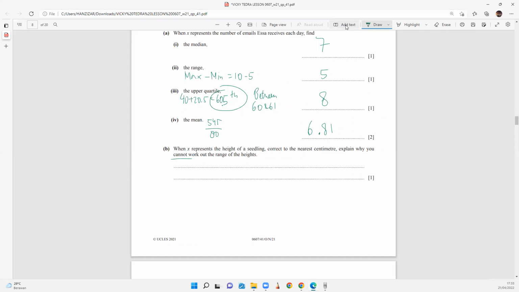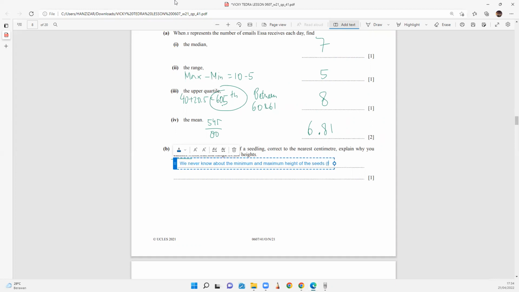Because when we are talking about the height of the seedling, we never know the minimum and maximum height of the seeds. Okay, we don't have the minimum and maximum, and it is continuous.